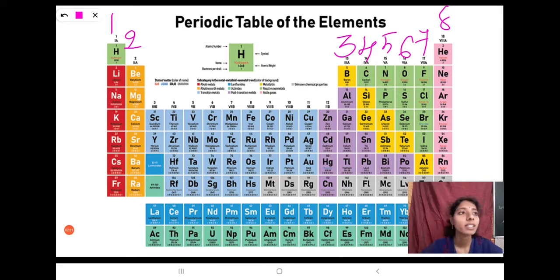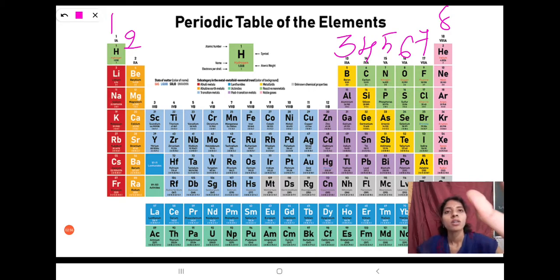Right? So, like this we consider the valency of the elements. The electrons present in the valency shell are given according to their group number. So, for 1A group elements the valency is 1, for 2A group elements the valency is 2. Like that we are giving the valency of the electrons.